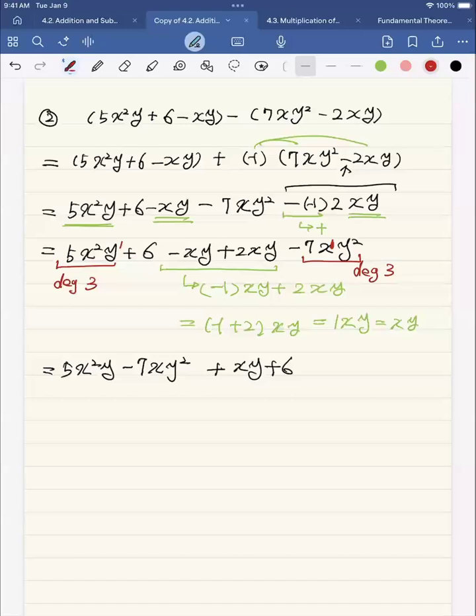But I think it is better to be consistent with the variable x. So I wrote x squared, then x, and no x. And degree 3, and degree 3, and this one is degree 2, 6 is degree 0.